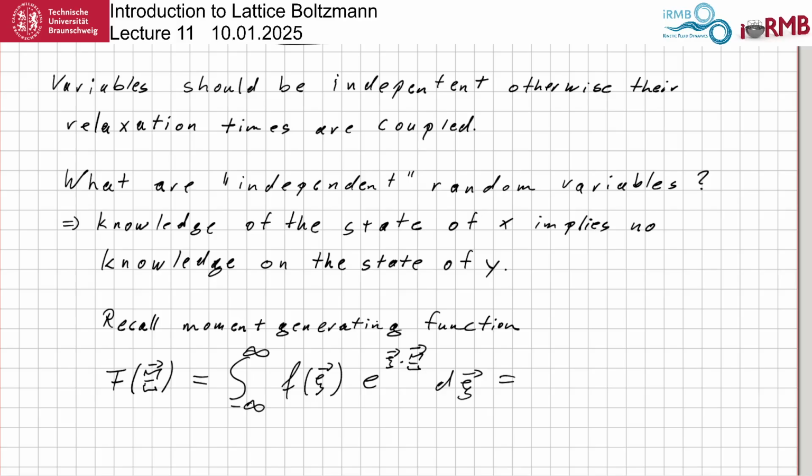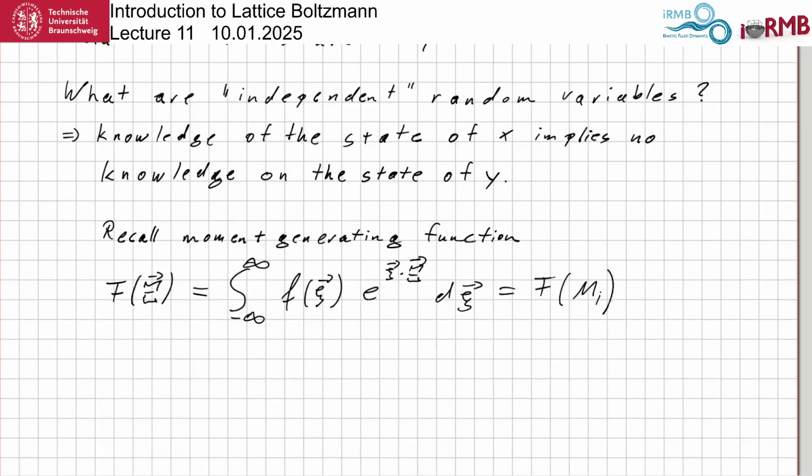This f is a function, of course, of all its moments. And this f is the transformed probability distribution of finding a particle in frequency space.